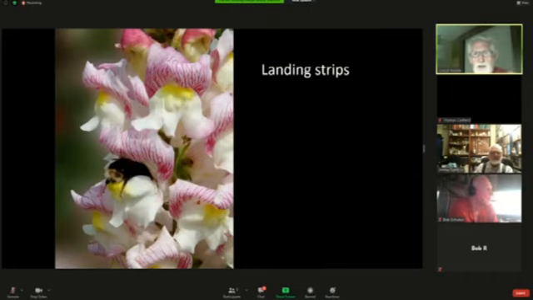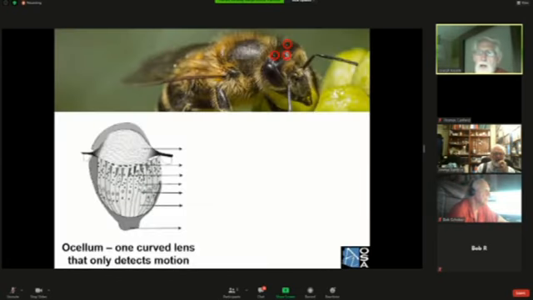Well, another fascinating thing is some flowers have these literal physical landing strips for the bees to land on to be able to access the nectar. And bees have these special sensory organs on the forehead. You see in the red circles, one is called an ocellum, ocelli plural.